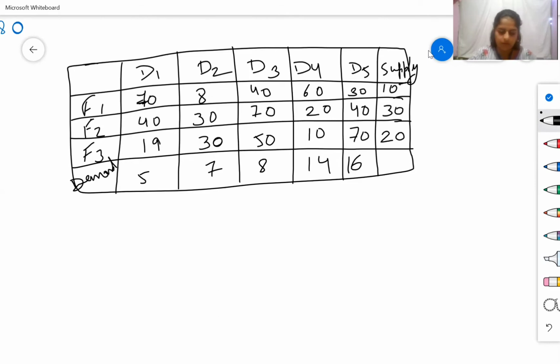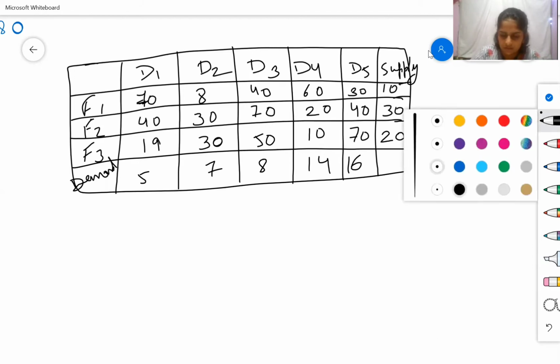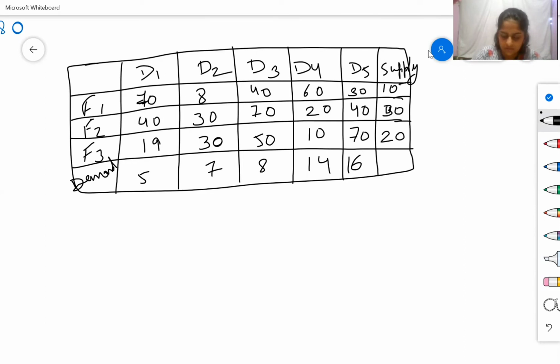We have 5 plus 7 plus 8 plus 14 plus 16 is equal to 50, and here 30, 40, 50. Here this is 60. Here this is 20. So 20 plus 10 is equal to 50, which means demand is equal to supply. So we can proceed with the answer.